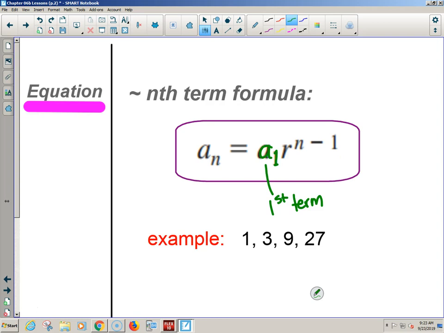A. Which A? The first one. So who's A? A must actually stand for a term. Maybe we should read that. This little A guy stands for a term of the sequence. So A means a term of the sequence. So A sub 1 is the first term of the sequence.